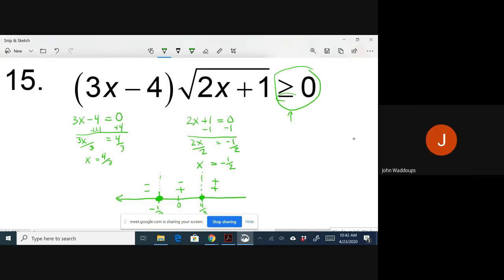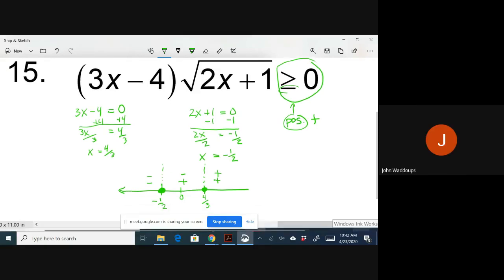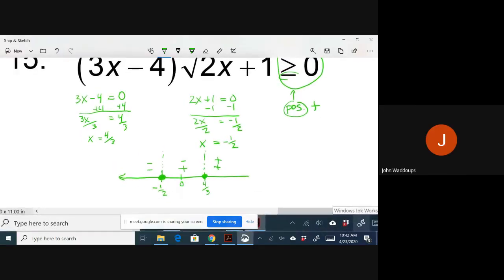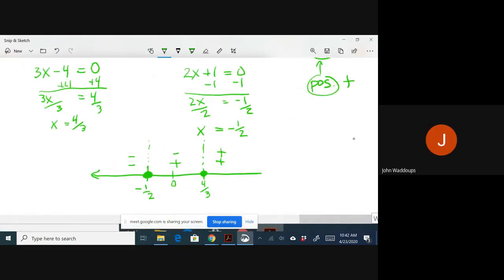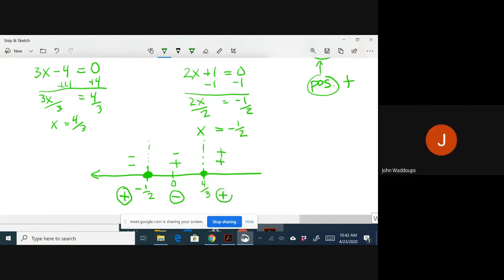So being greater than 0 means that the numbers are positive. So down here, a negative times a negative is positive in this interval. Negative times positive would be negative in this interval, and positive times positive would be positive in this interval.